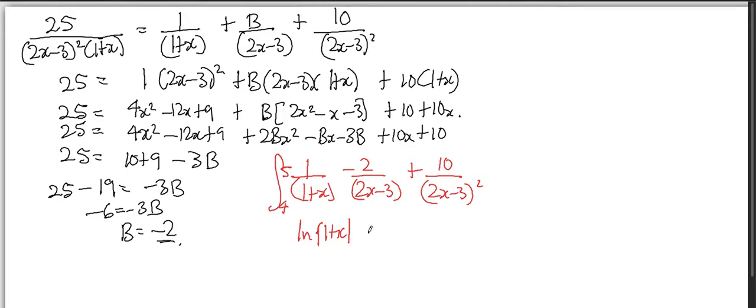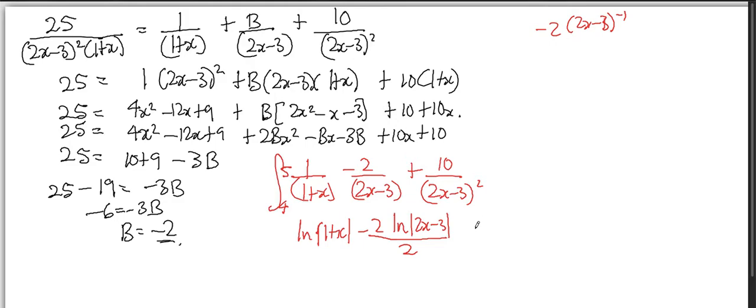So if I bring this over, this should be negative 2, 2x minus 3 to the power of negative 1, which is again another ln. So this should give me negative 2 ln (2x minus 3). But remember, you need to differentiate inside. When you differentiate inside, you get 2 divided by 2.